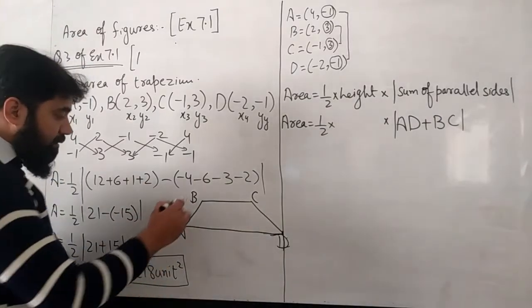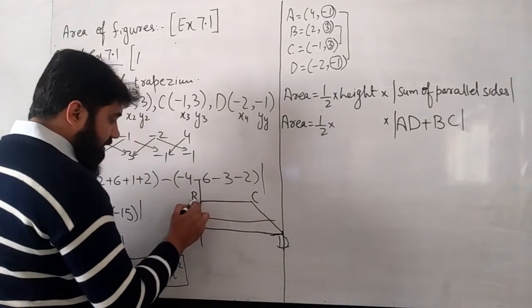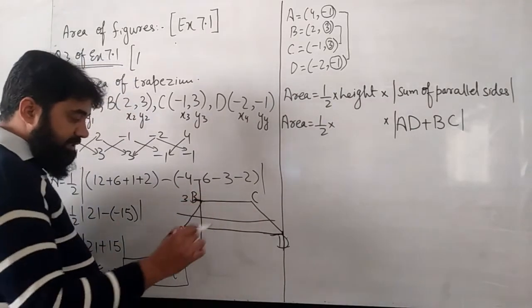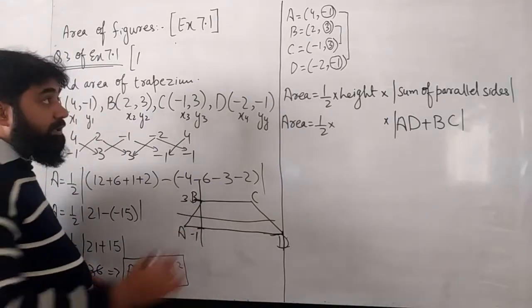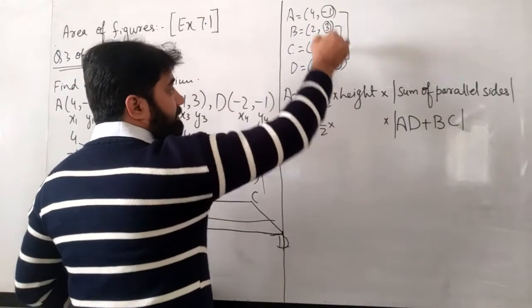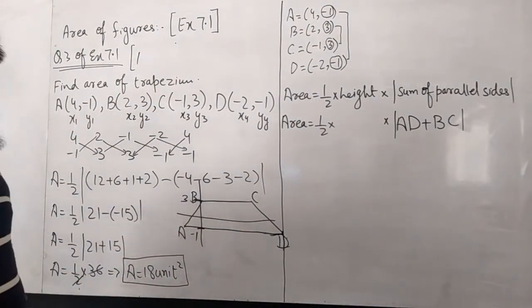According to the graph, if I draw it, this is at 3, just a rough sketch, and this is at minus 1. Repeated value 3, repeated value minus 1. So what's the difference between them?